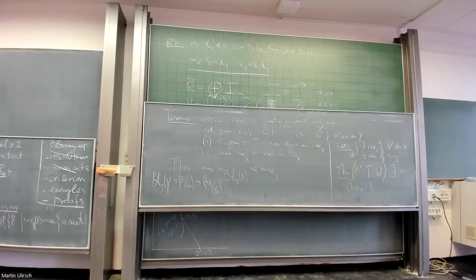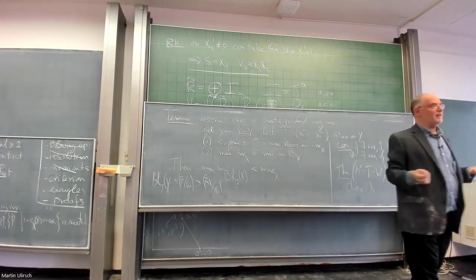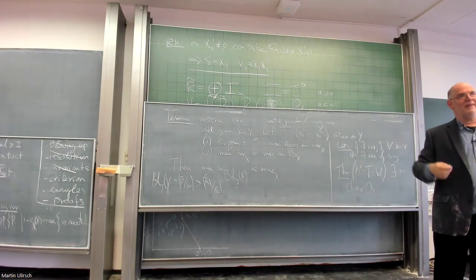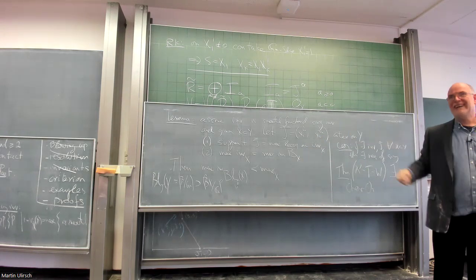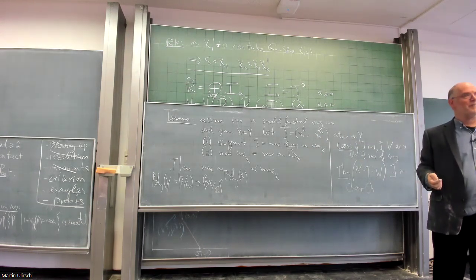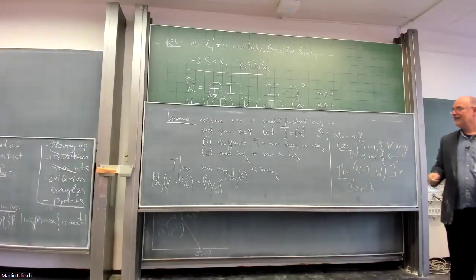The invariant drops, and the invariant takes values in a well-ordered set, so it has to drop only finitely many times. And the only time when I don't have anything to do is when the center will be empty, when there are no singular points. So X is non-singular. So that's the corollary.